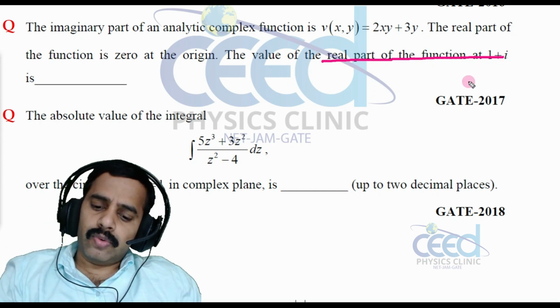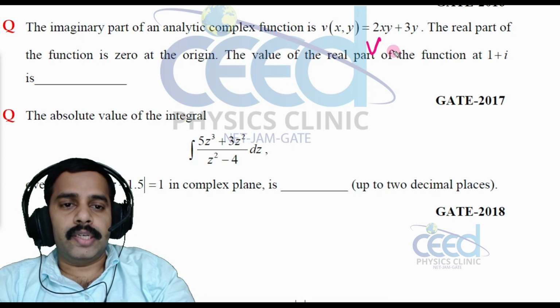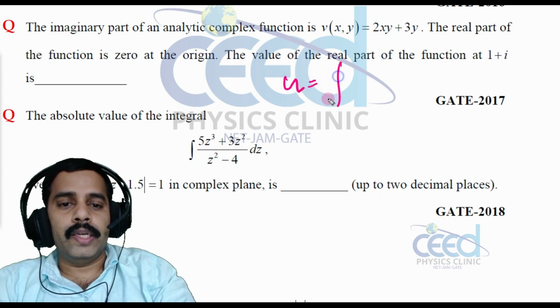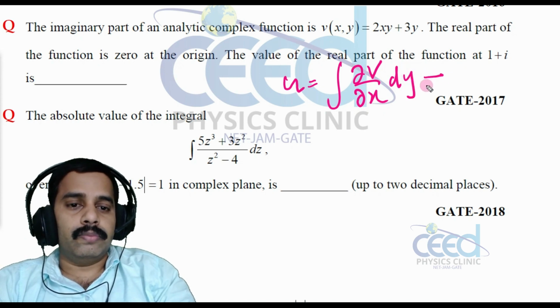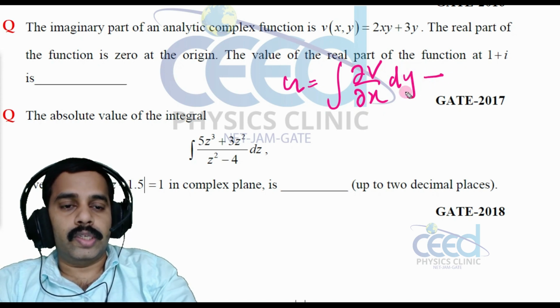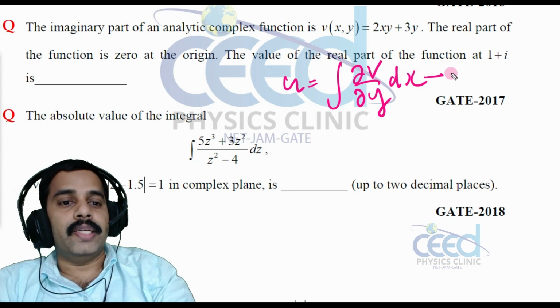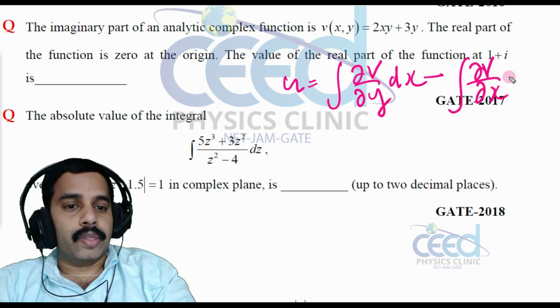So how can we calculate a real part? If the imaginary part is given, the real part we can find out using the formula we have already discussed in theory. u is equal to integral dou v by dou y dx minus integral dou v by dou x dy.